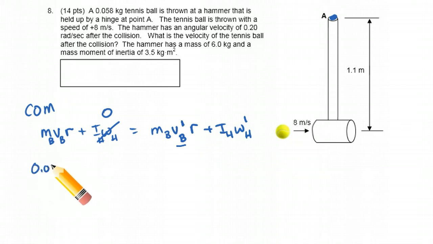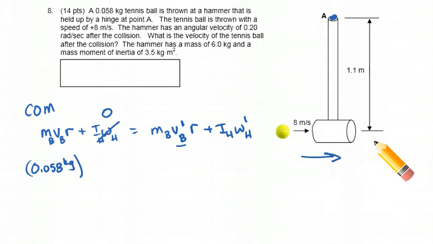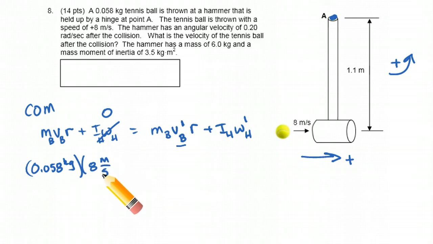So 0.058 kilograms. We use positive as to the right. Okay, so this is our positive direction for the velocities, and we'll use positive as counterclockwise for the rotations. Okay, so that's my mass. 8 meters per second is my velocity, and the radius is this perpendicular distance, or 1.1 meters.